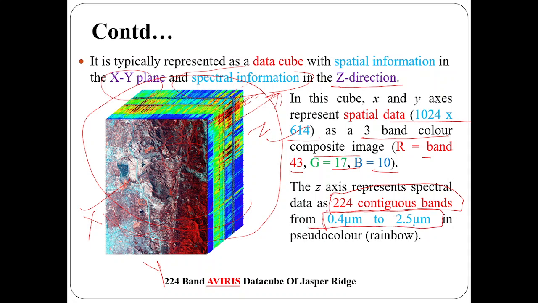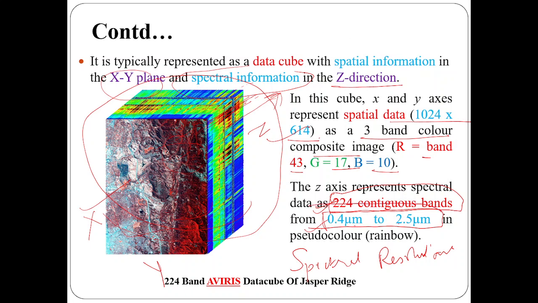So these both things define the spectral resolution of the sensor. The number of bands is 224, and the range is 0.4 micrometer to 2.5 micrometer.